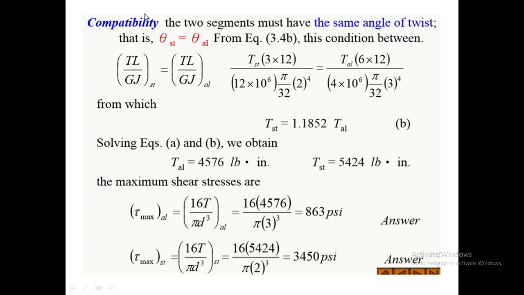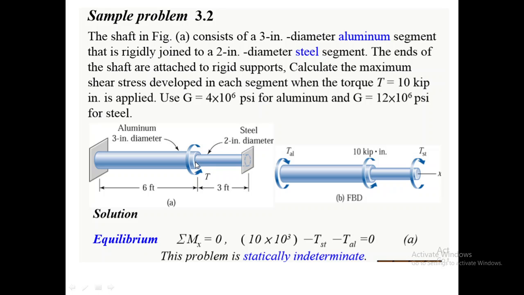The compatibility equation here is that the angle of twist at B, at this cross section where the material changes, or at the step, will be the same in both portions. Since the torque is applied here, the shaft twists by the same amount on both portions.